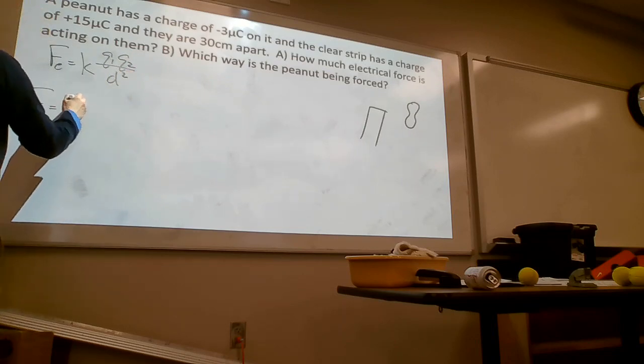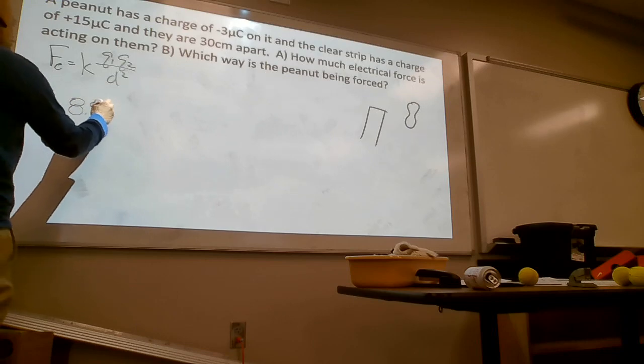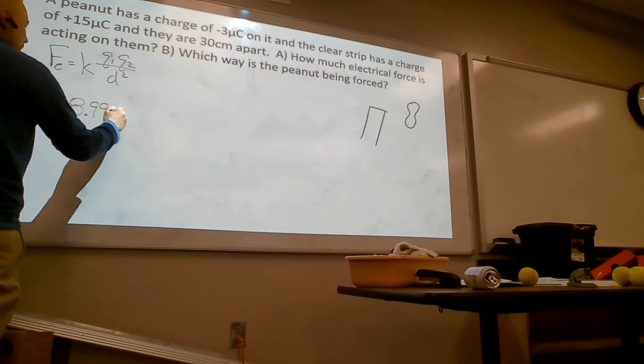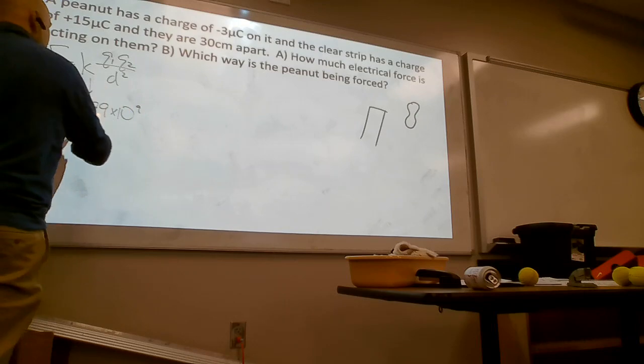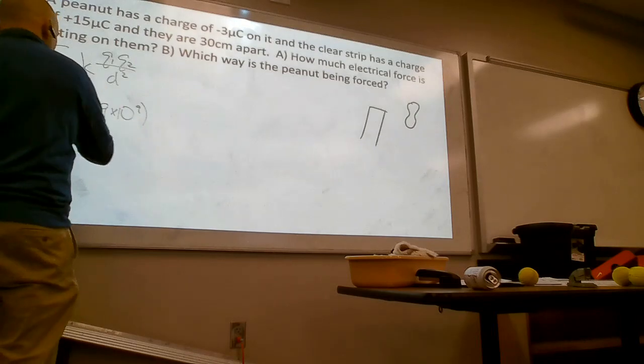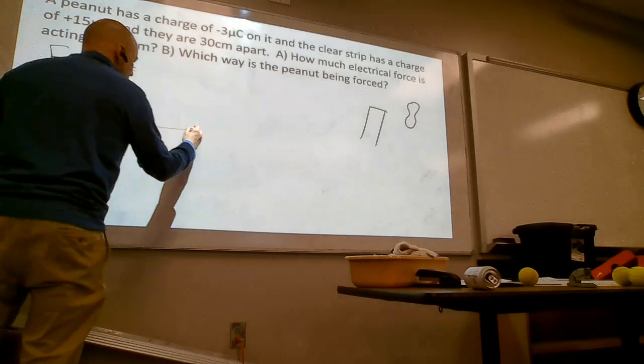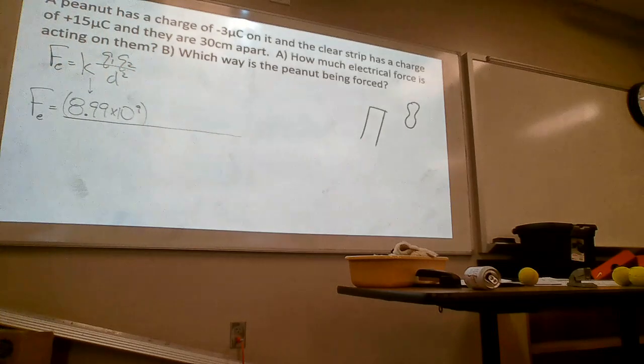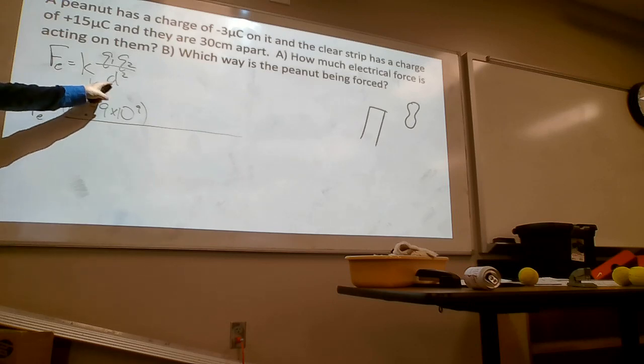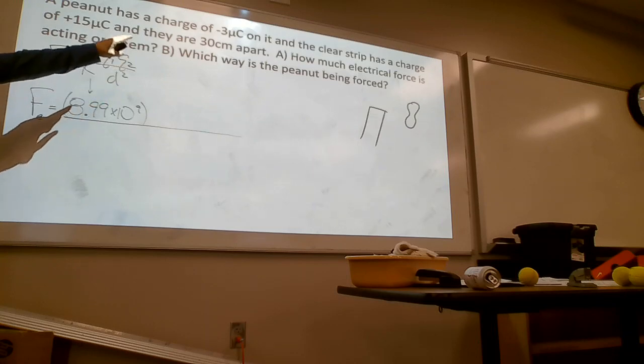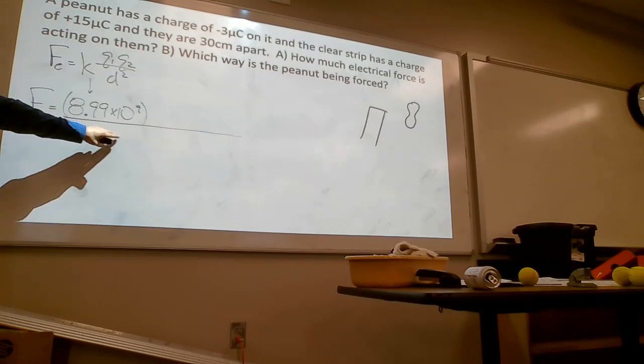The electric force, K, is 8.99 times 10 to the ninth times, I'm going to focus on D first. So D is 30 centimeters. But what do I need to do to the 30 centimeters before I plug it into this equation?